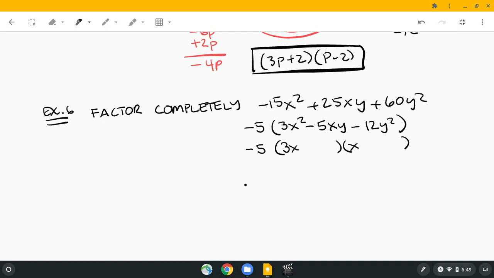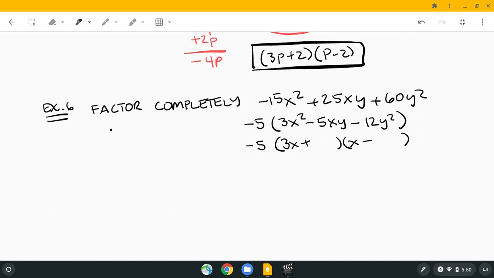I don't know where they go, but if we end up with positive 5xy, then I'll just change the signs. Not a big deal. All right, so 12. Lots of ways to make 12. 1 and 12, 2 and 6, 3 and 4.